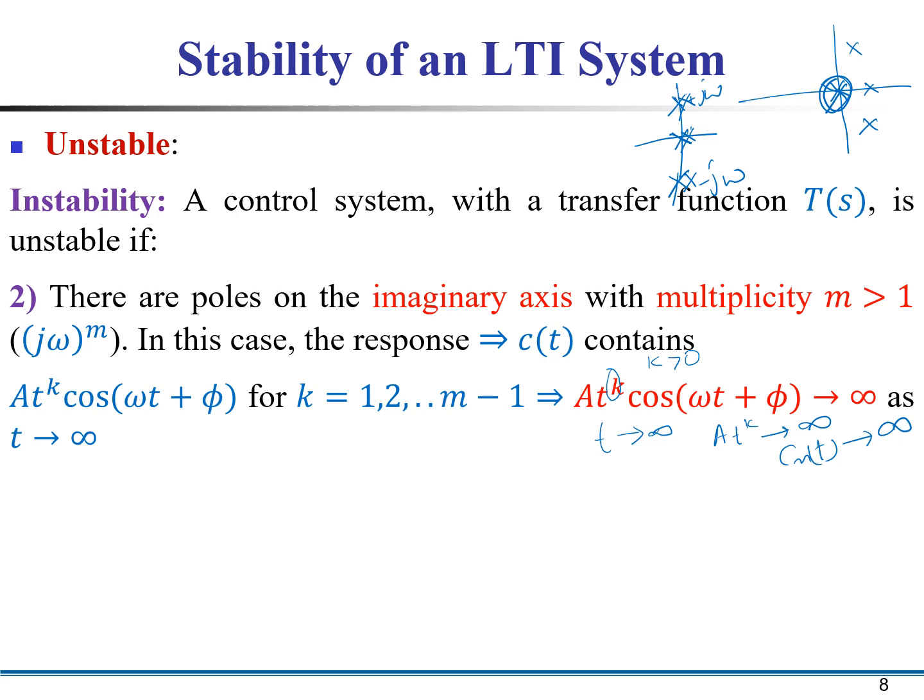So we have studied that there are two types of unstable linear time invariant systems.